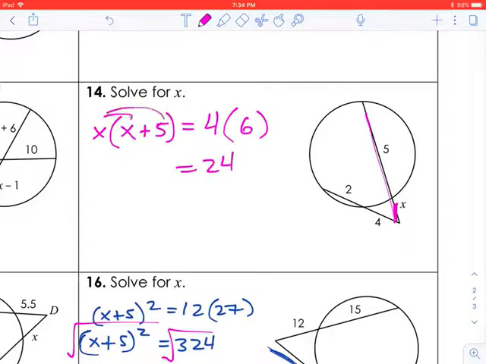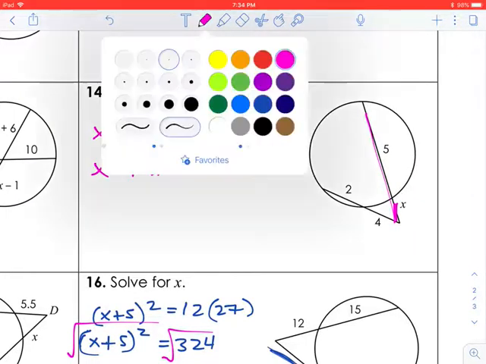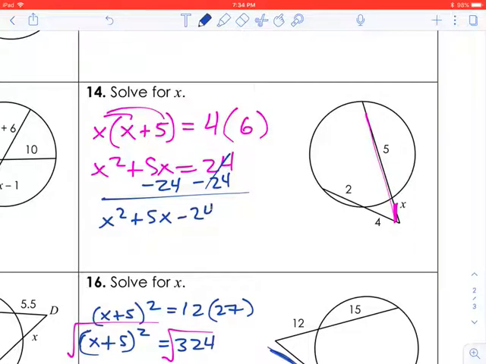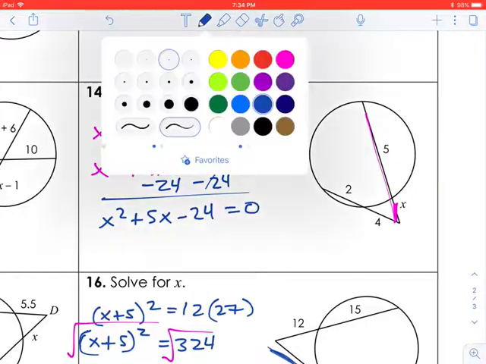When I distribute this, it's x squared plus 5x. And so on this one, we actually need to go ahead and get everything equal to 0. This goes back to our algebra skills. So x squared plus 5x minus 24. If you have a quadratic like this, we're going to go ahead and factor to solve this.